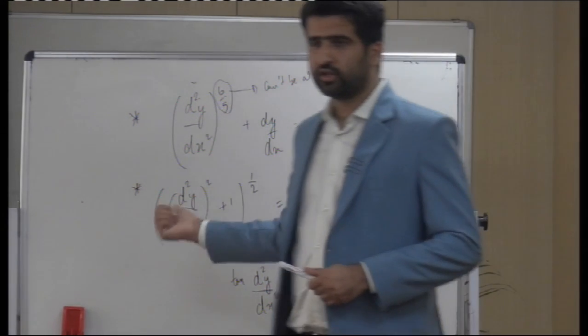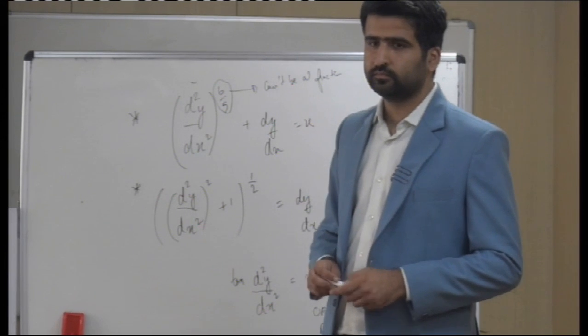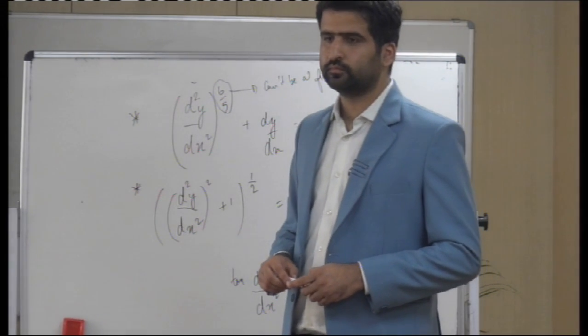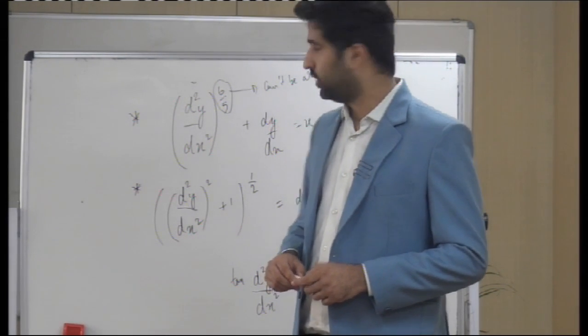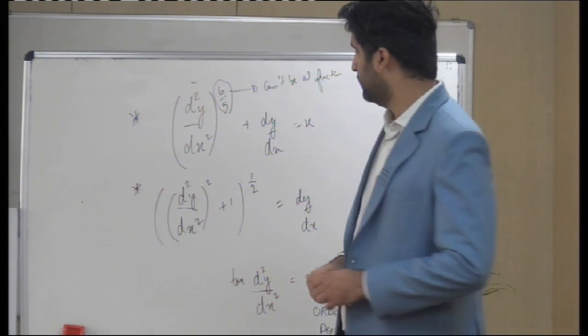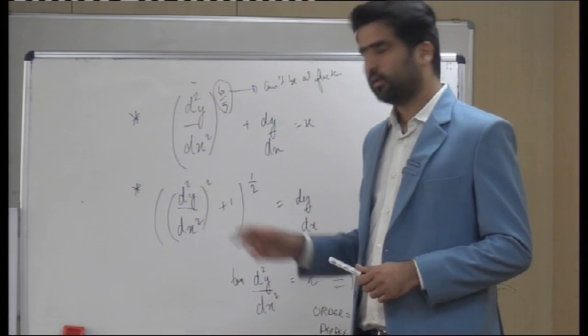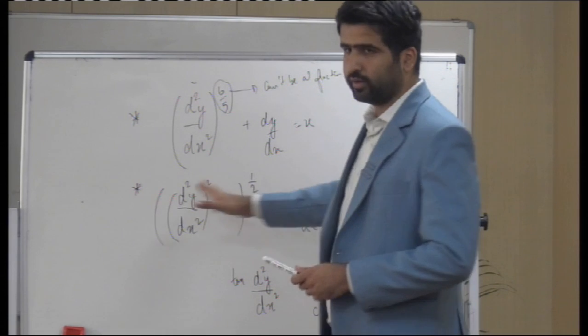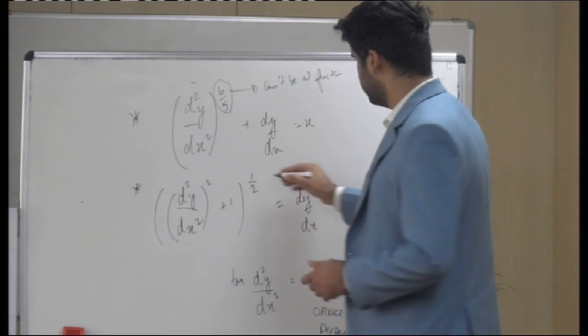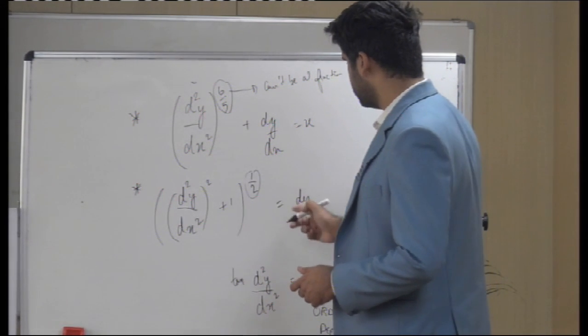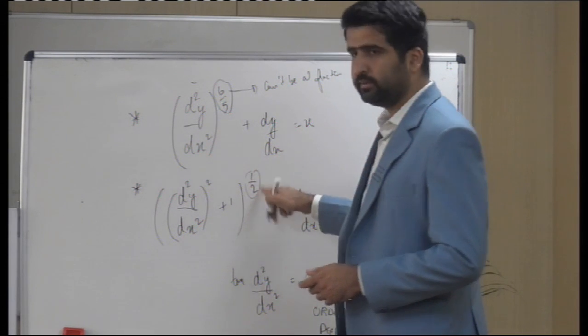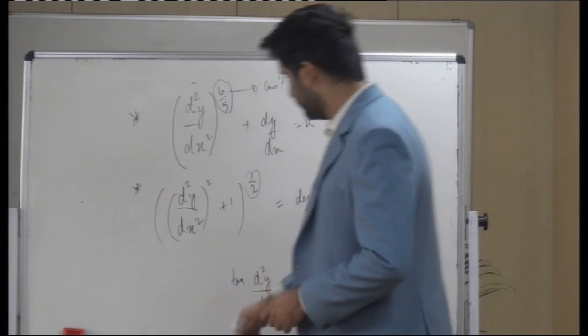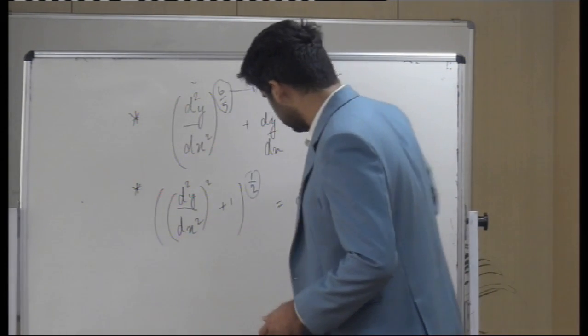So what is the order and degree for this equation? Order 2 and degree also 2. How? Yeah. So what we can do here is squaring both sides, right? And if we square both sides, this 1 by 2 will be 1, right? So in the next step, I'll write. Yes?